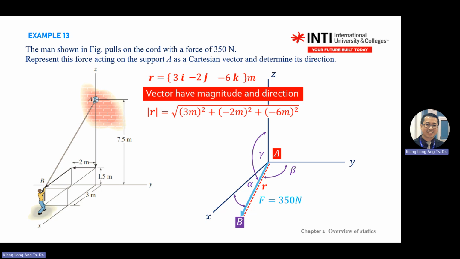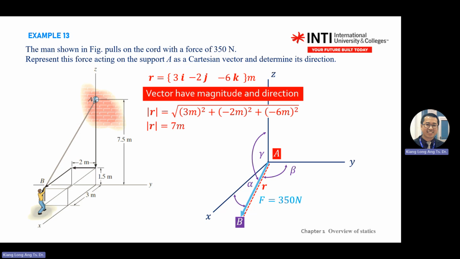For example, for R, put the m behind it with brackets. Without the brackets, write 3im minus 2jm minus 6km. Then you press the calculator and get the magnitude, right? From these two, you can find the U.